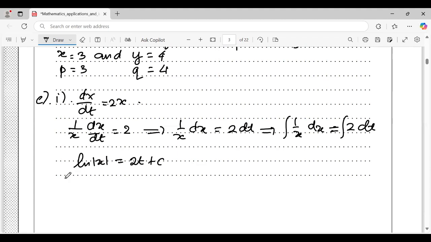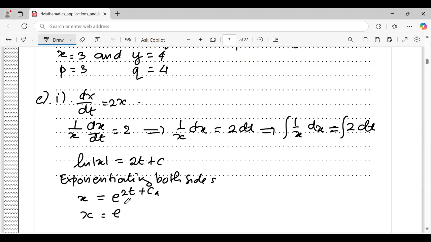After that, exponentiating both sides. Exponentiating this side, it's going to be x. So x equals e to the power 2t plus c_a. I'm going to use the term c_a, or e to the power 2t multiplied by e to the power c_a.